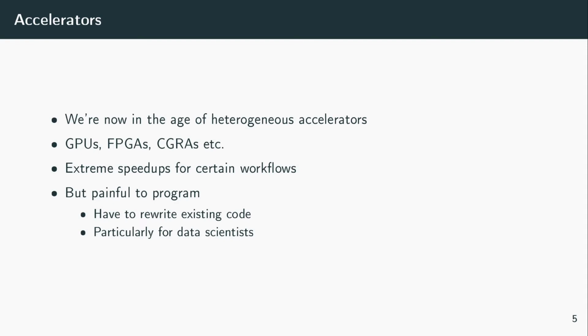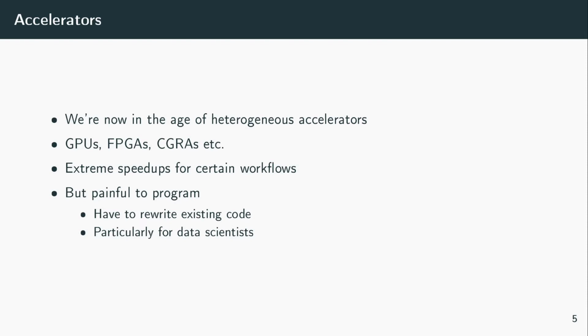However, they can be very painful to program, often requiring a programming model radically different from that of a CPU. This, of course, means that existing code has to be rewritten. This can be particularly bad for data scientists who may have little experience in writing low-level code to start with, or managing device interaction, and may be blissfully unaware there are such things as other programming models.